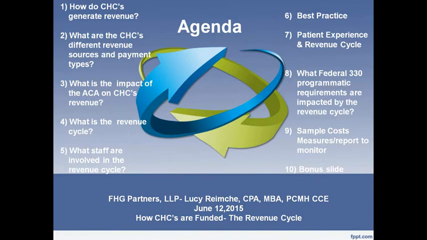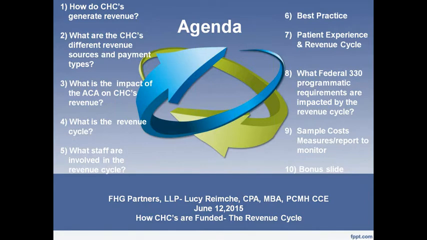I'm going to give you a best practice of a clinic that is an example of doing a good job with their revenue cycle. And then I'll discuss your patient experience and your revenue cycle, which a lot of times we don't coordinate those two, but they become much more important now, especially inside of ACA. And then we'll discuss the 330 programmatic requirements and the impact of the revenue cycle on those.